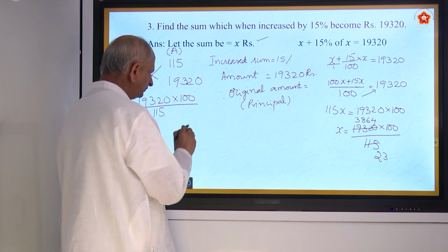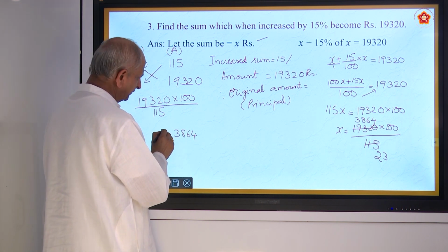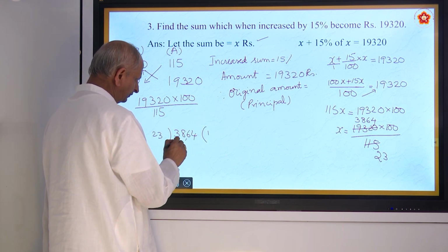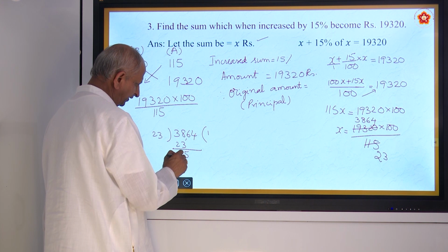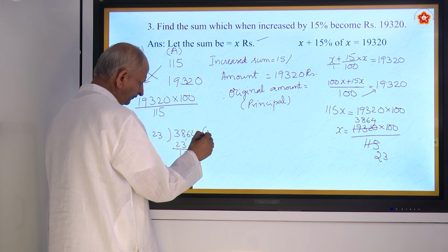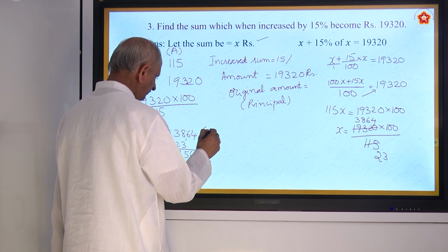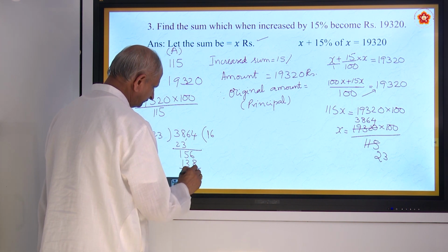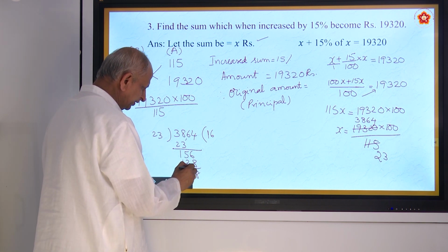That will be about, so 3864 by 23. 23 ones are 23. You have 8 minus 3. So 15 doesn't go, 156 you take. 156 will be, we can try with 6, 138, right? 16 minus 8 is 8, 4 minus 3 is 1.